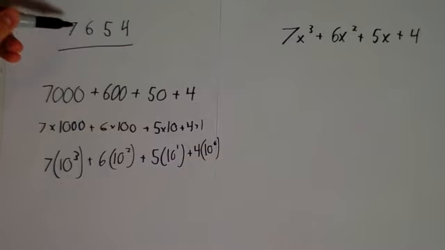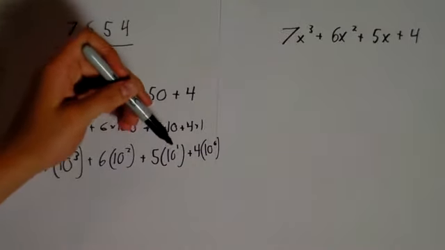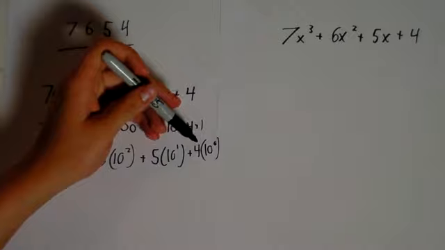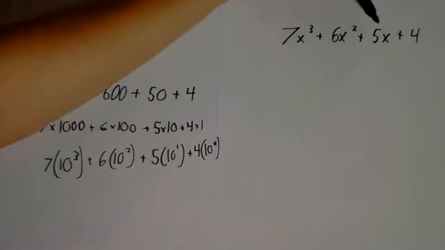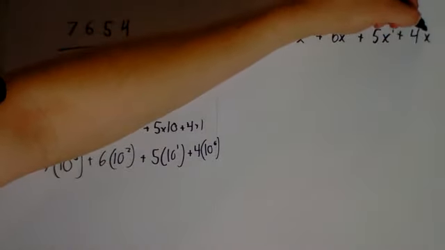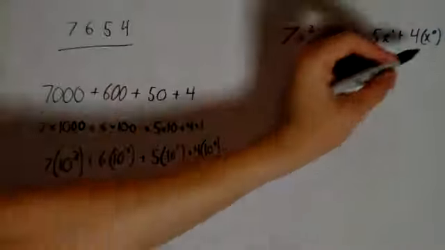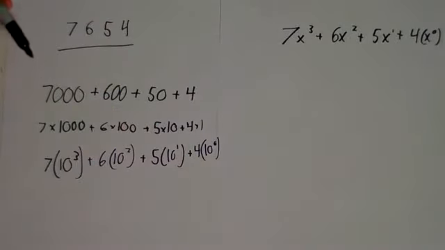This one, since we don't have any coefficients after it, and we're in the decimal system, it just refers to 10 cubed, 10 squared, 10 to the first, and 10 to the 0, where this one just refers to x cubed, x squared, x to the first, x is the same as x to the first, and then 4 is the same as 4x to the 0, right? So that's the connection between base 10 and base x.